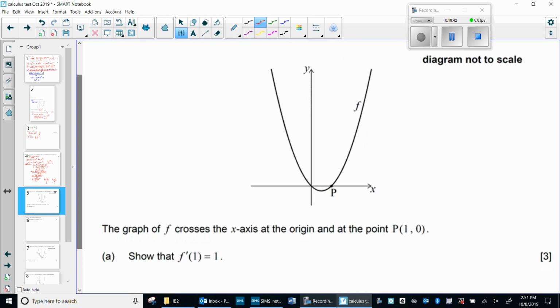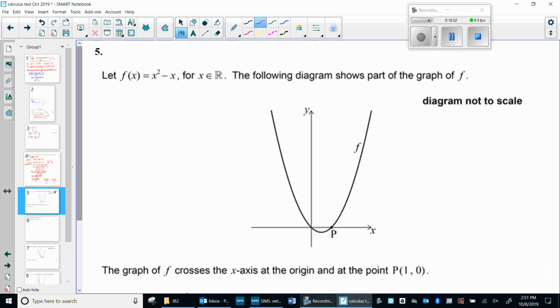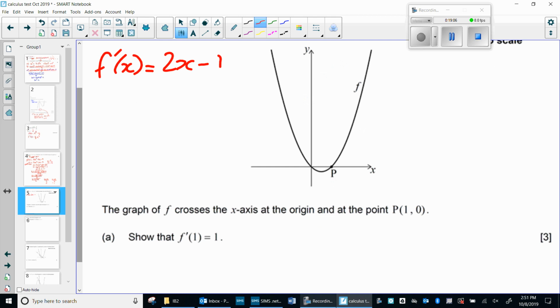All right, okay. So show that f(1) equals 1. Okay, so if we're trying to show the f of anything, we need to find what f of x is first. So f(x) would be what? 2x minus 1. 2x minus 1, yeah? Okay. Now, what does the fact that they've got a number in here mean we then do?